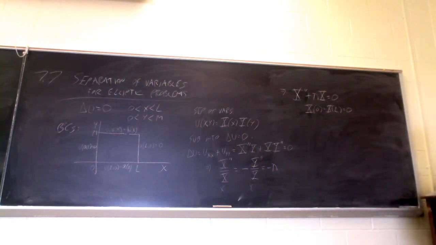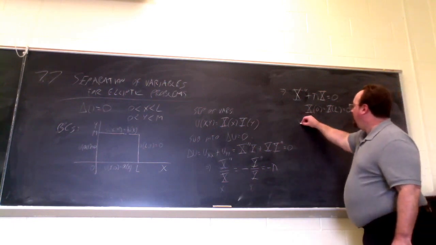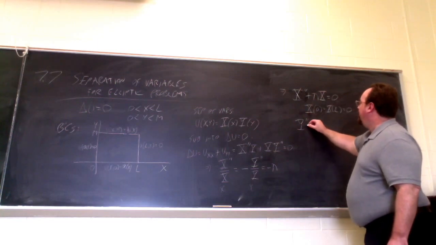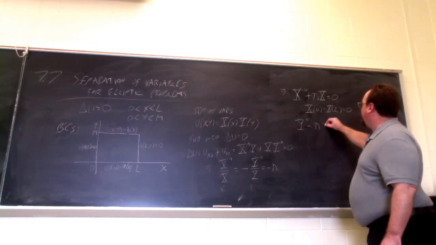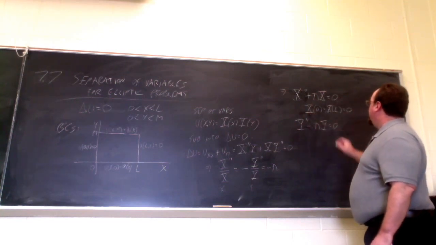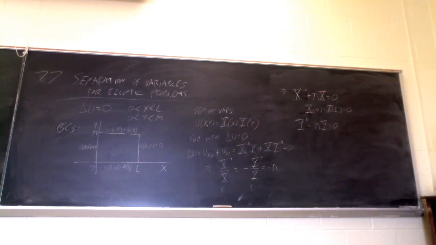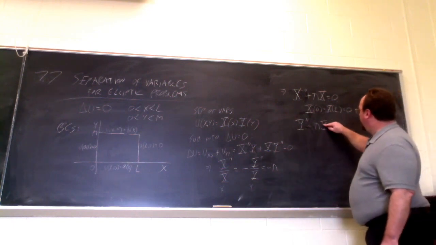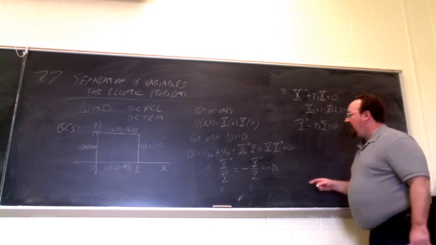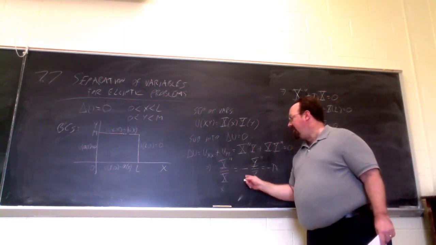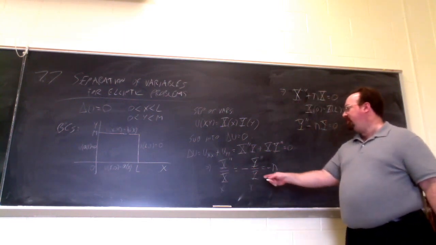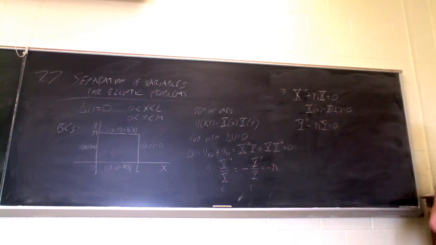So homogeneous boundary conditions. And then the ODE for Y, almost the same: Y double prime minus lambda Y is 0. Now the thing is, I could have put the minus on either one of these. I chose to put it here. Now, how do you make that choice?